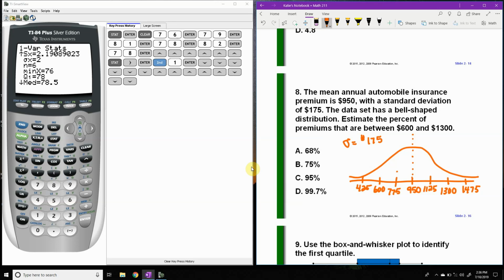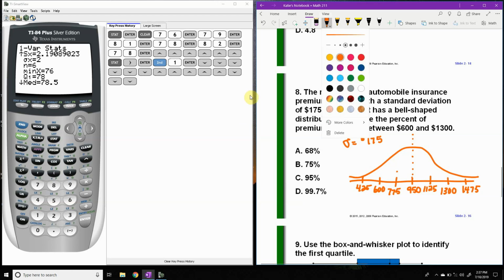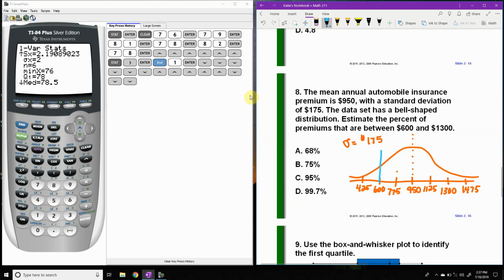Okay, now the question is asking me to estimate the percent of premiums that are between $600 and $1,300. I want to estimate the percent or proportion of people that are falling in this automobile insurance premium range.